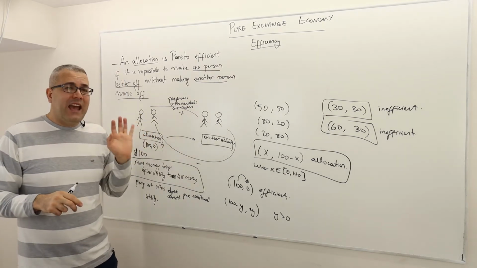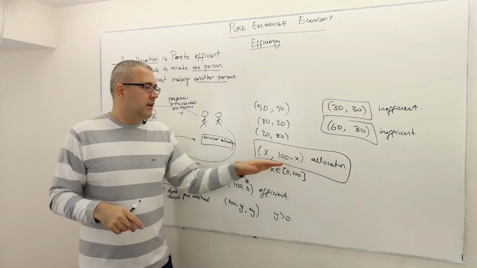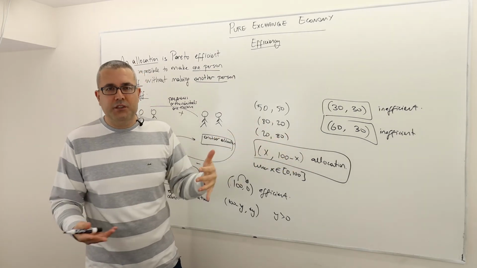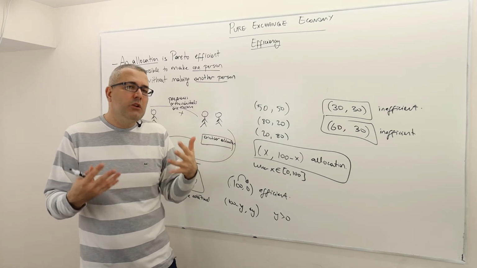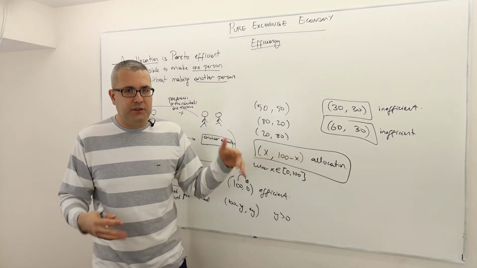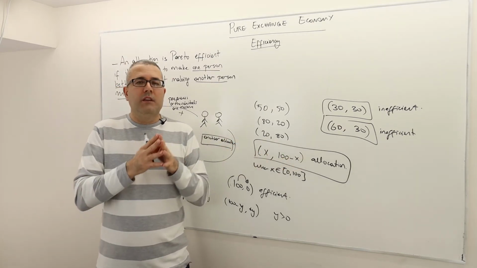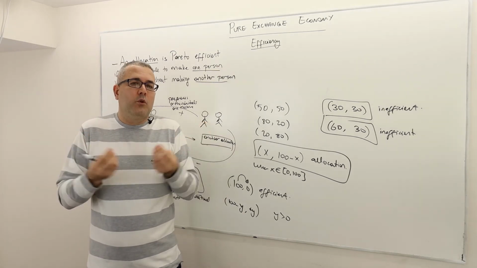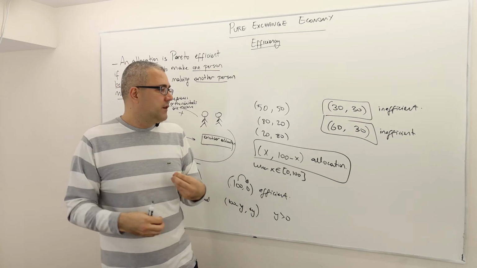And so we may not have conclusions like everything is efficient. Or the set of efficient allocations may have more refined properties.